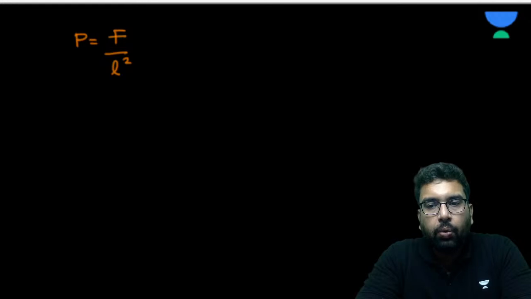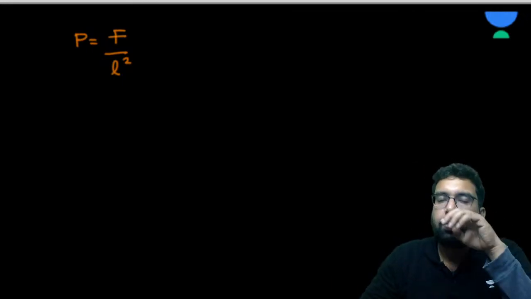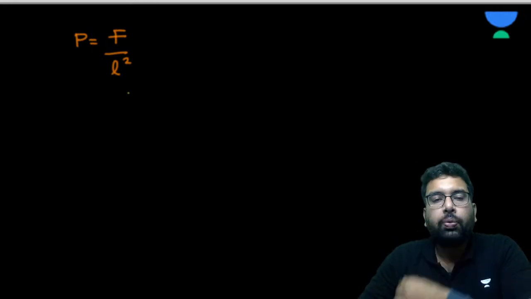No matter how hard we try, we can never have an accurate measurement. So there will be some error in the measurement of force, and similarly some error in the measurement of length. Since we have error in both, there will be some error in the calculation of P also. We are supposed to find that.